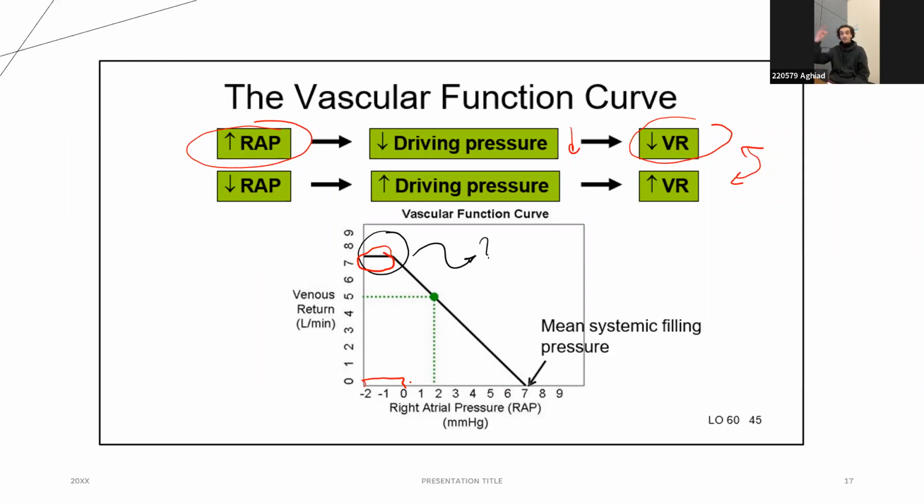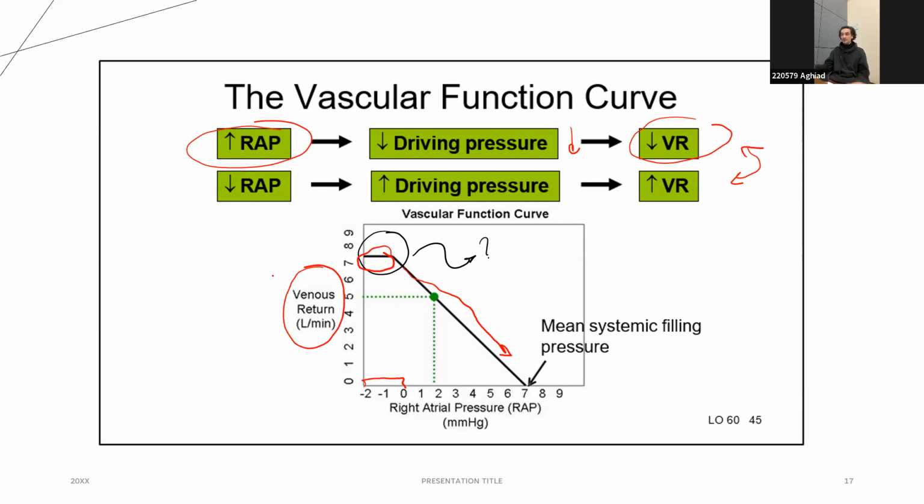So the higher the driving force and driving pressure, the more the venous return, all right? And the more the pressure in the atria, specifically the atrium, increases, right? For a set venous return or amount of blood, no external influences, right? The lesser the venous return.